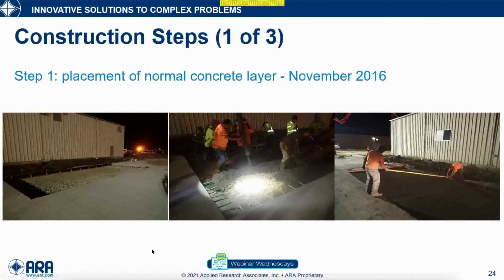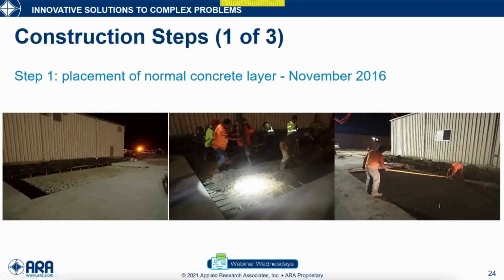So here's how the contractor lifted the 2 slabs for us. They built the normal concrete, and these are the 2 slabs that were dedicated for the ECON demonstration. First, they put the normal concrete at the surface. As I mentioned, we put the normal concrete to save construction material, and since we don't want to heat the whole system, we don't want to heat the whole thickness.